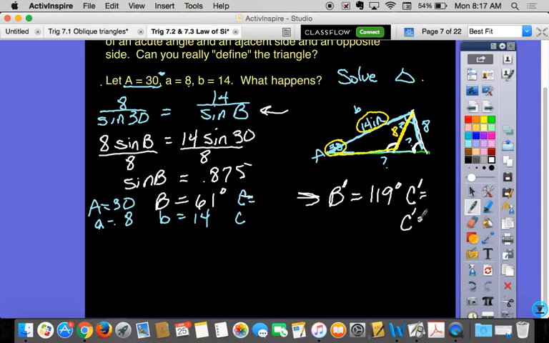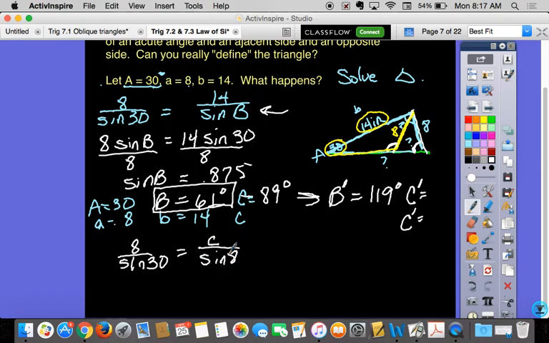So you've got to go back through using this value right here. To find the third angle, we got 180 minus 30 minus 61 is 89. So 89 degrees goes there. And here we go again. We're going to dive in. We got 8 over sine 30 equals c over sine 89. So we're taking the original and making our proportion. Cross multiply.